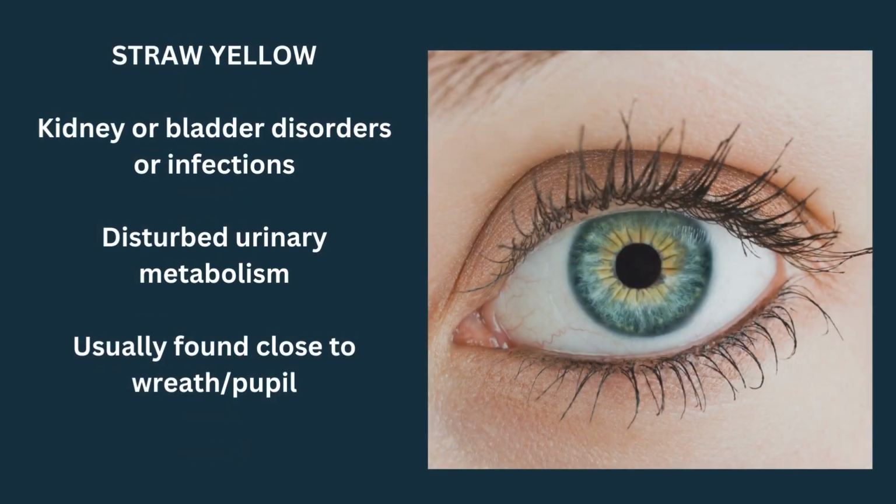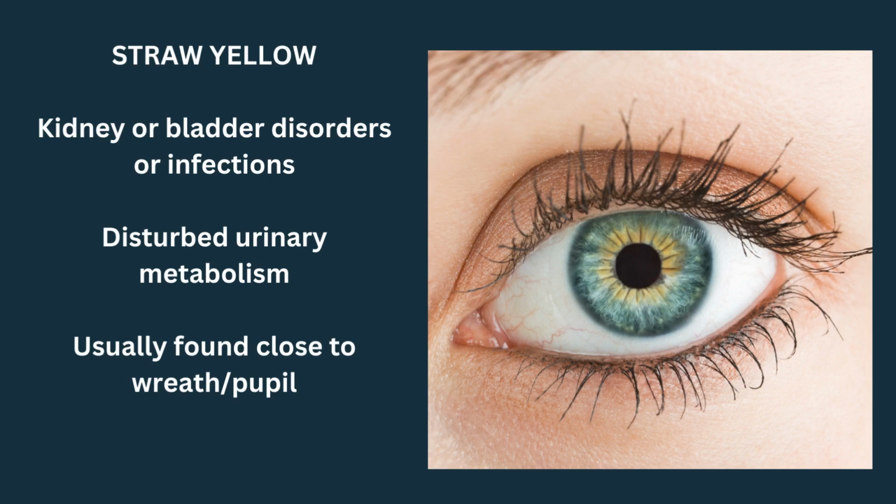All right, so look at that eye. It's beautiful. Let's start with straw yellow, the color of straw, like in a straw field. If you see this sign, this is interpreted to indicate a tendency for kidney or bladder disorders or infections.